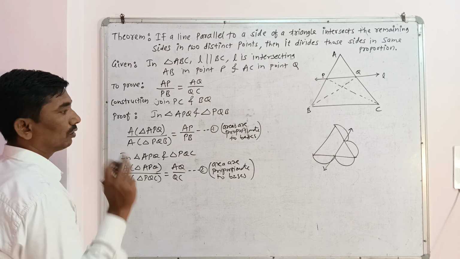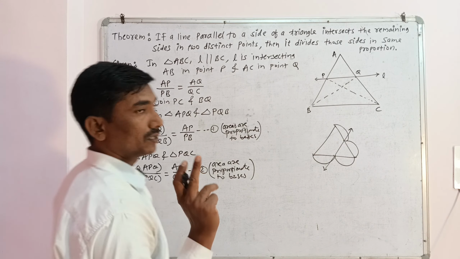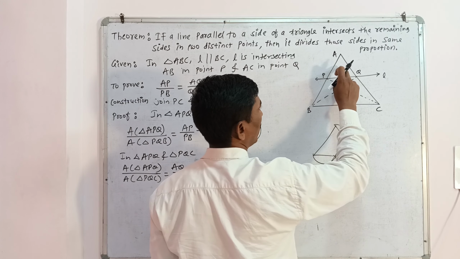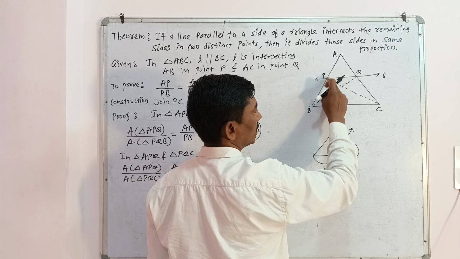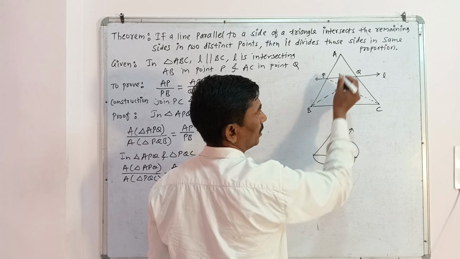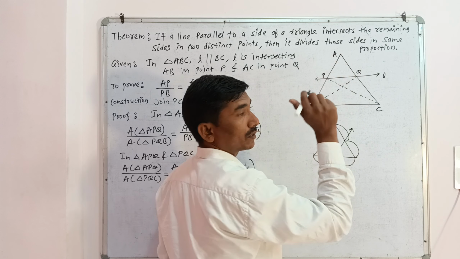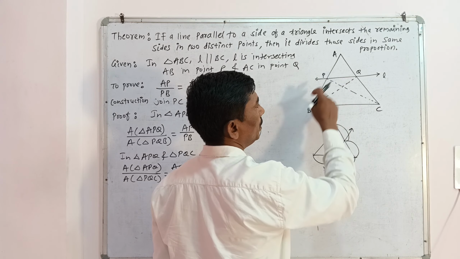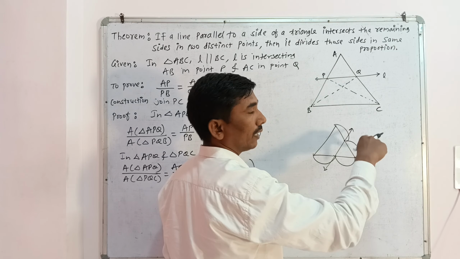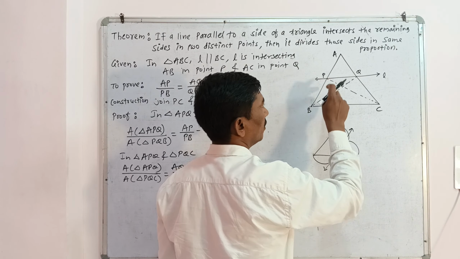Okay. Now we have got two equations. See what we did: we took this triangle and this triangle initially, isn't it? I mean, we took APQ two times, APQ along with PQB, and then again APQ along with PQC. PQB and PQC are the two triangles we have taken, with APQ common in both cases.